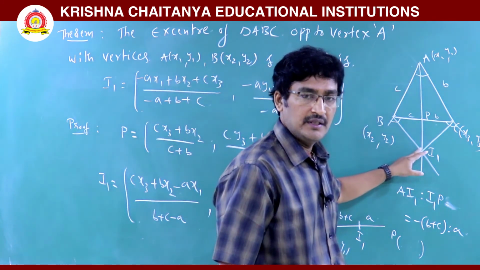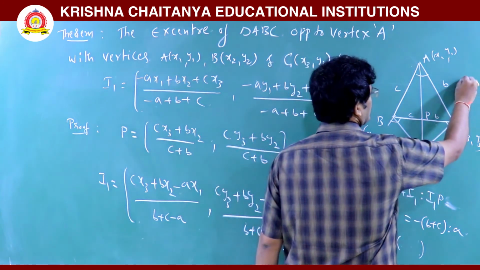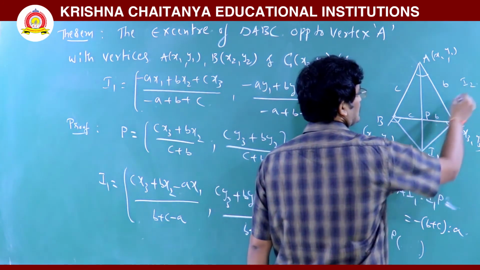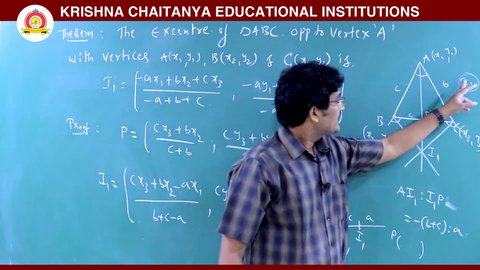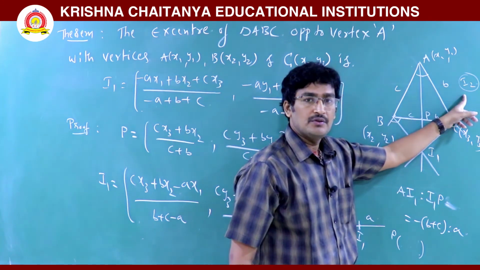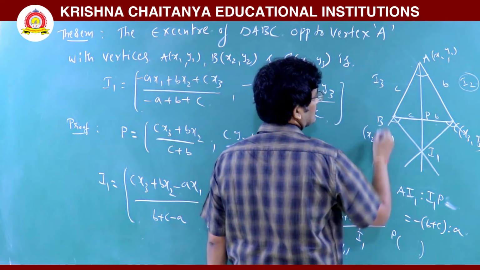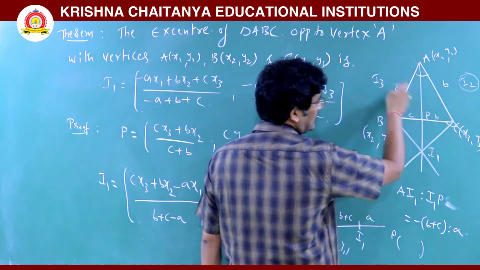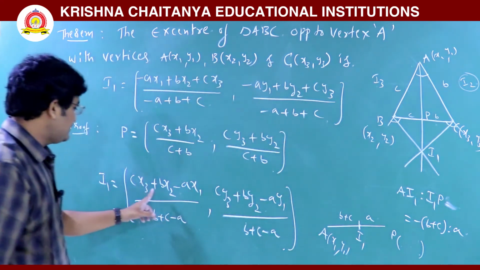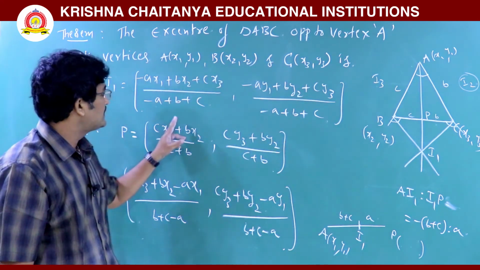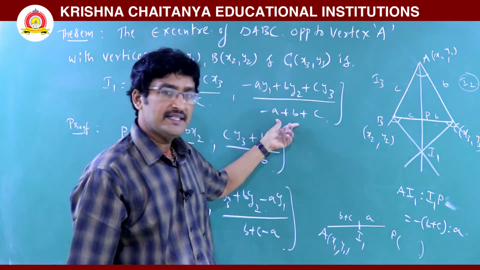Just you have to remember. You have to do the same thing to find the coordinates of I2, which is the excenter opposite to B, you know. We have to do the same thing to find I3, which is opposite to vertex C. So I1 is minus ax1 plus bx2 plus cx3 by minus a plus b plus c, and minus ay1 plus by2 plus cy3 by minus a plus b plus c.